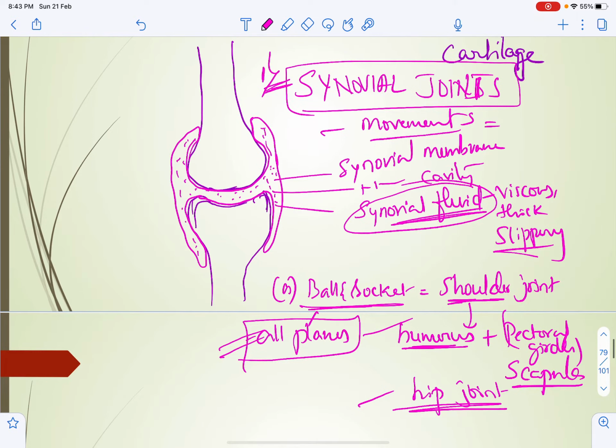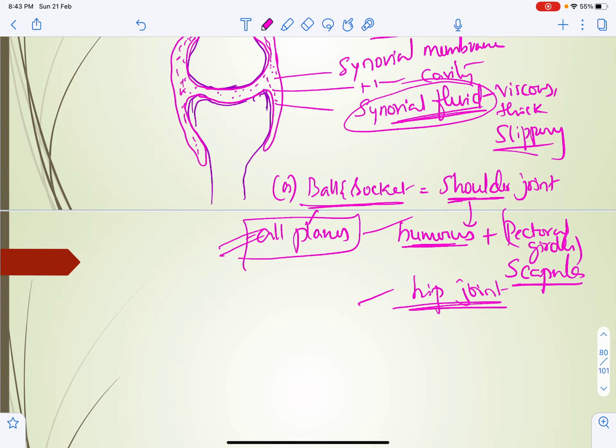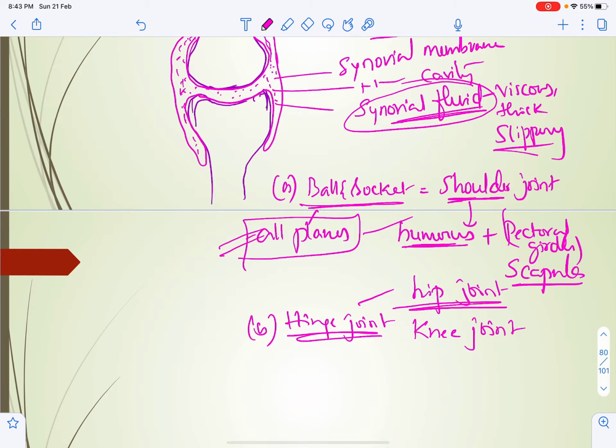Whenever this fluid is there, movement can be expected. And hinge joint. Hinge joints are generally seen in three regions: in between the knee joint, in between the elbow joint, and in between the ankle joint.